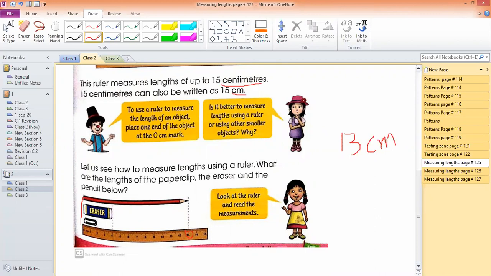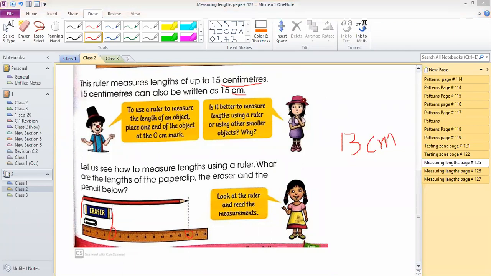Let's check this razor. I put this razor again on 0 and check how much long this razor is. So it is reaching up to this number, that is 4. So I will say that the razor is 4 centimeter long.